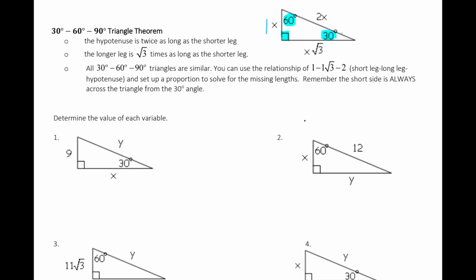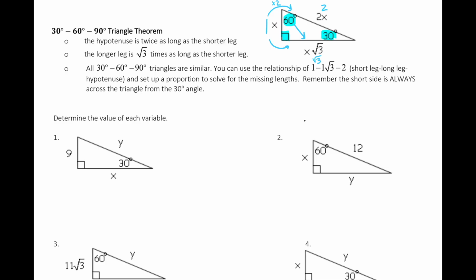The hypotenuse is always twice the size of the short side, so 2. And the middle side length, or the side that's across from 60 degrees, is root 3 times bigger than the shortest side. So 1 times the square root of 3 is the square root of 3.